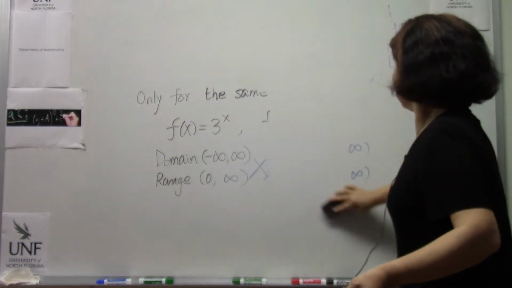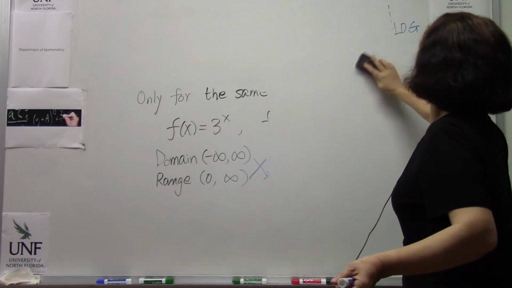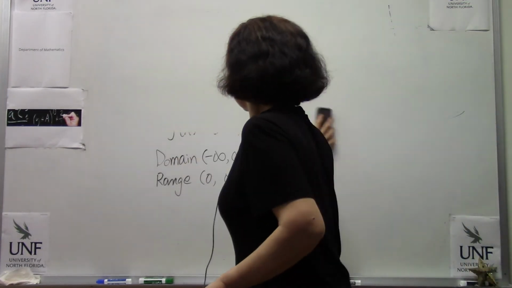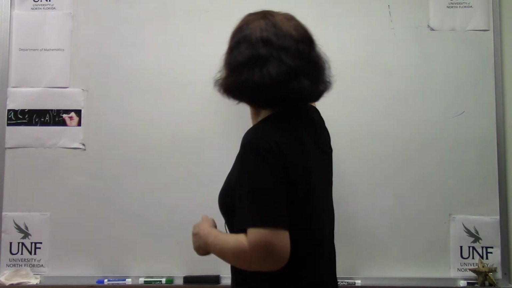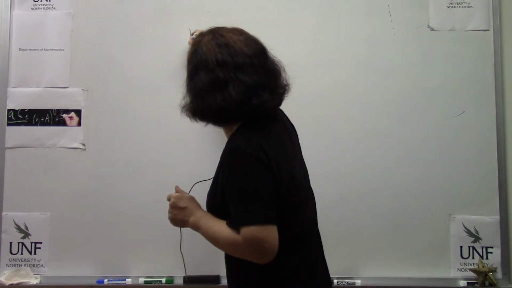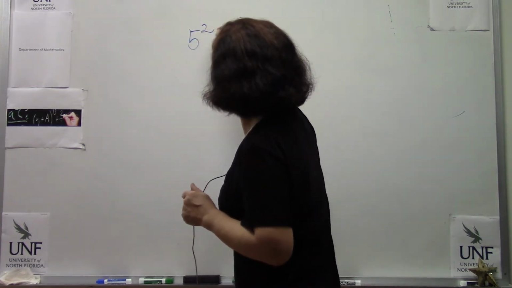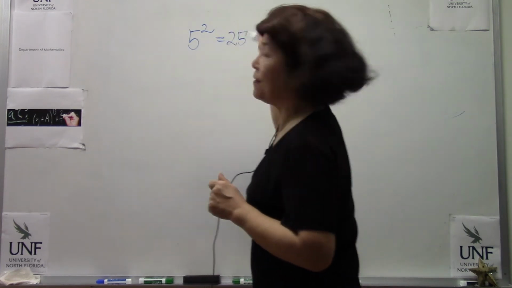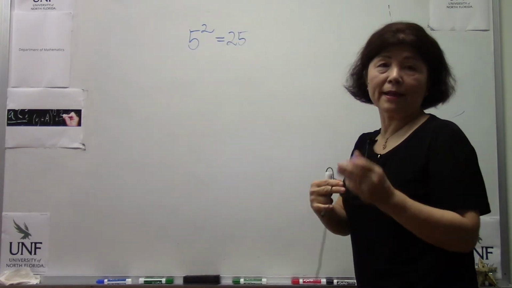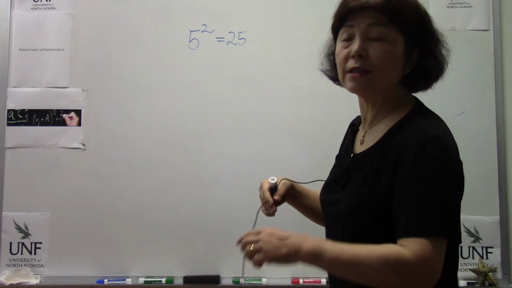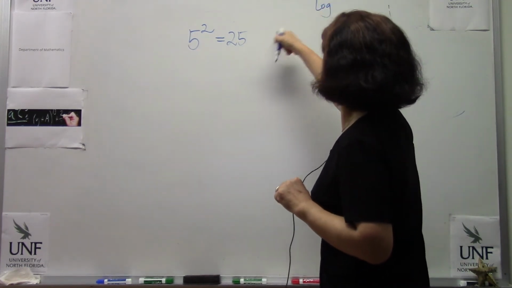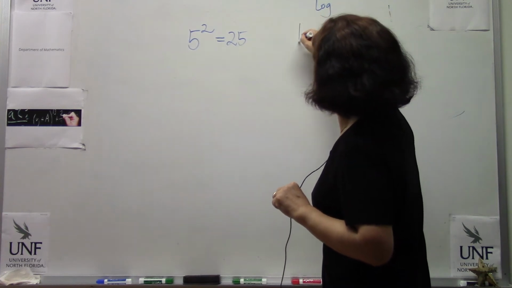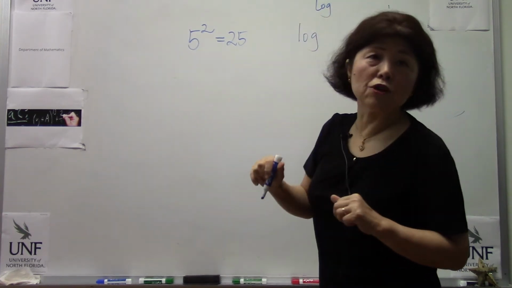Another 2 minutes for the meaning of logarithm and the conversion. Let's say you have comfortable numbers: 5 squared equals 25. Everybody knows that. Now we are going to convert this to logarithmic form. First, of course, we need log.